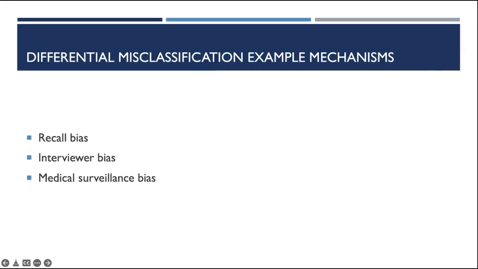Those people who are getting more frequent, better quality care are going to be more likely to have something detected in them because they're being watched so closely compared to the other group in the study. So that is going to result in differential misclassification because it's going to happen differently across the two groups in the study.